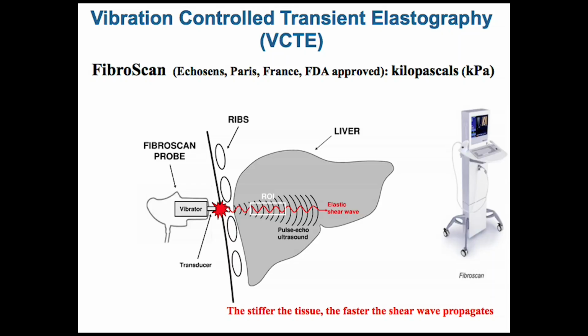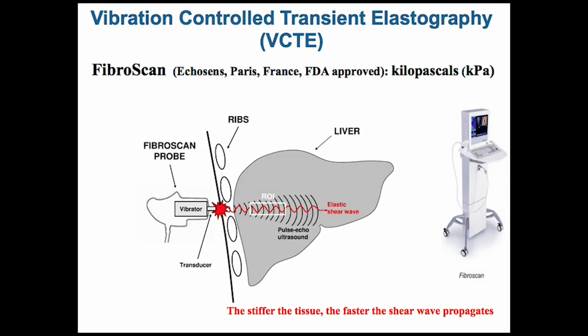And whatever the technique used, we should bear in mind that elastography provides information from a much larger portion of tissue compared with liver biopsy. So let's start with VCTE, used by the FibroScan device, first developed in Europe, and results are expressed in kilopascal.